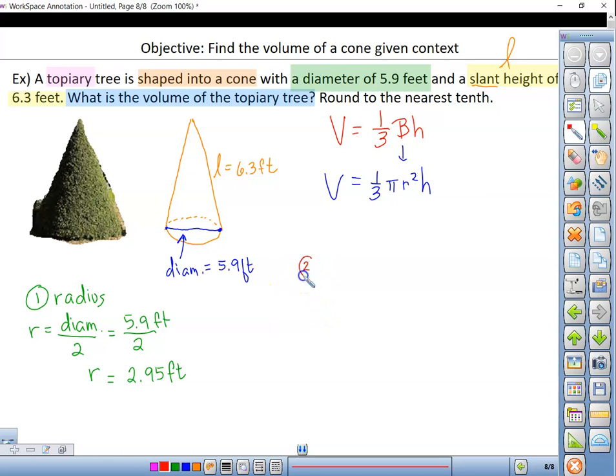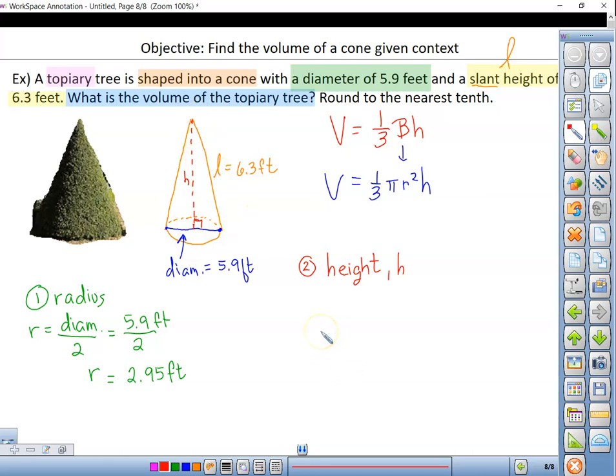And for height h, I am going to draw the right triangle that it is part of. So remember, the height h drops perpendicular down here from the apex to the middle of the base. That's my height h. So this right triangle is what I'm going to work with.